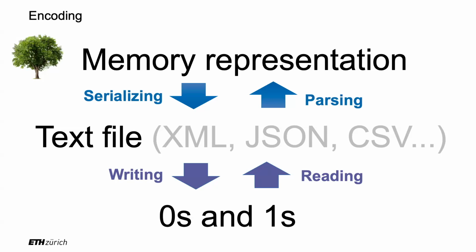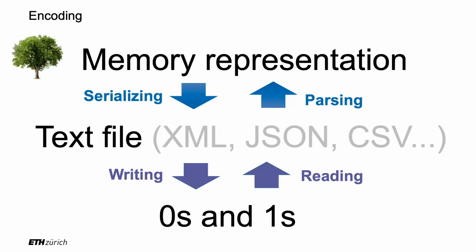The same goes for XML and JSON. When you have an XML or a JSON file that is actually text, but it's text that happens to be XML or JSON, you can also parse it, but then you don't get a table. You get trees. And the same goes with other syntax with cubes and graphs and so on, but we are not focusing on cubes and graphs. So parsing is the name that we give when you take text in some syntax like XML, JSON, CSV, and you build a memory representation out of it.